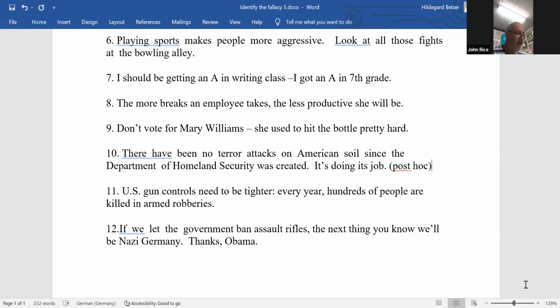So we make these sorts of errors easily, and that kind of one, where one thing happens after another, is called a post hoc fallacy. We've got another one, not post hoc. The other common one is called cum hoc, C-U-M. Cum means together.